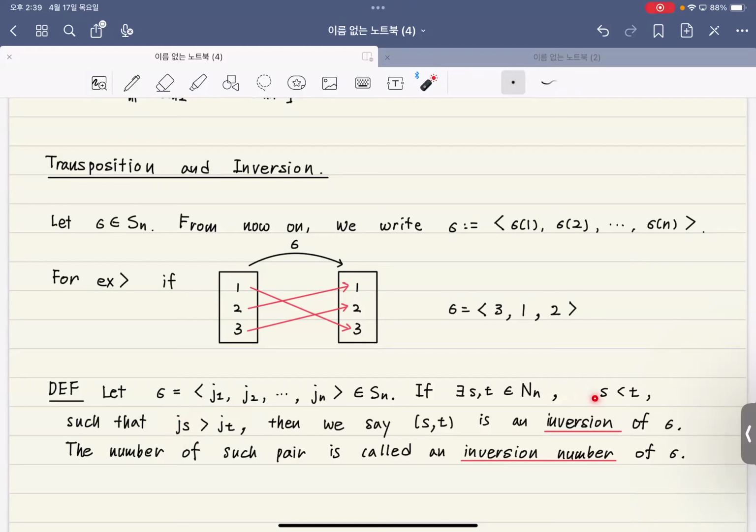Then we say this pair is an inversion of sigma, and the number of such pairs is called the inversion number of sigma.